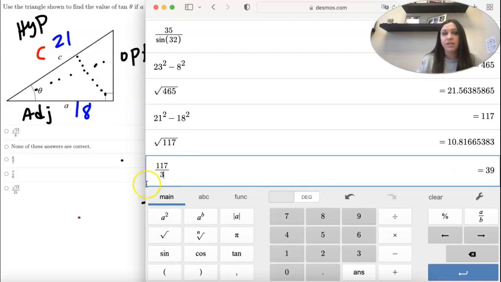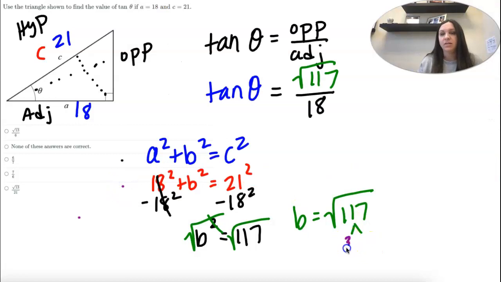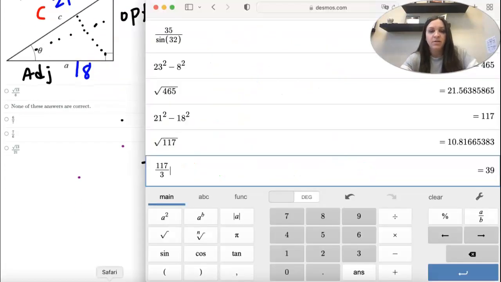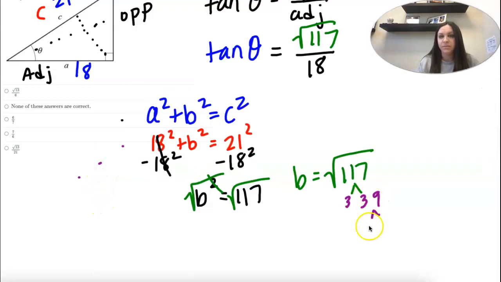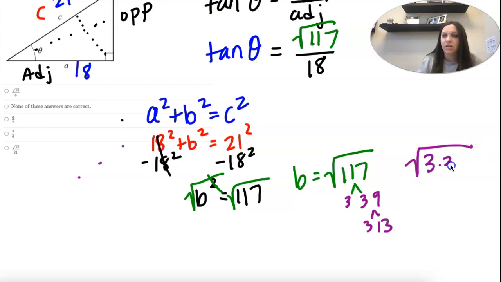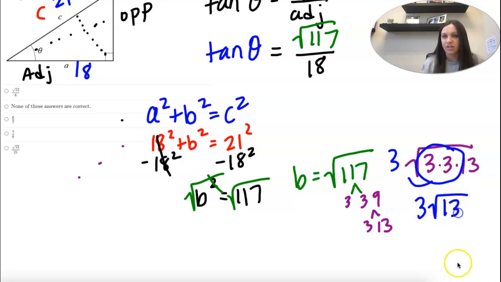There we go. 3 times 39 is equal to 117, and then let's keep going. 39 divided by 3 is 13. So instead of 117, I'm going to write 3 times 3 times 13. And then when we have a pair of numbers, they come out as 1. So I have a 3 on the outside, and then this 13's left.